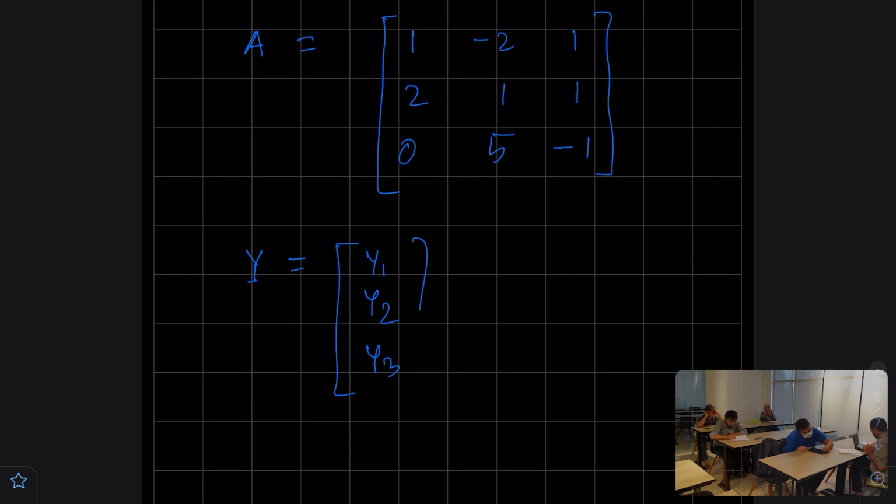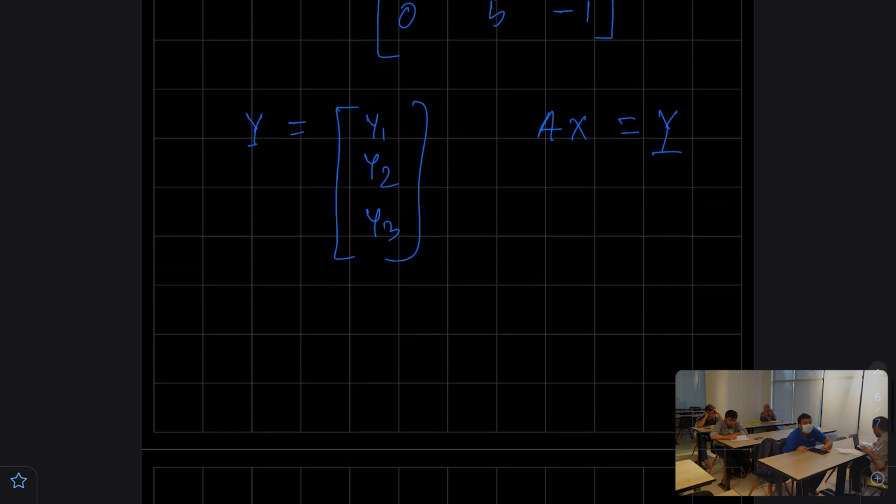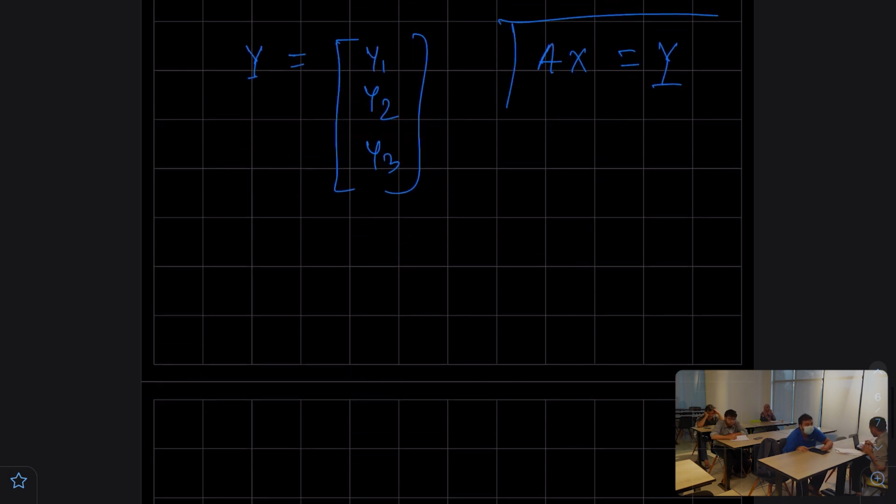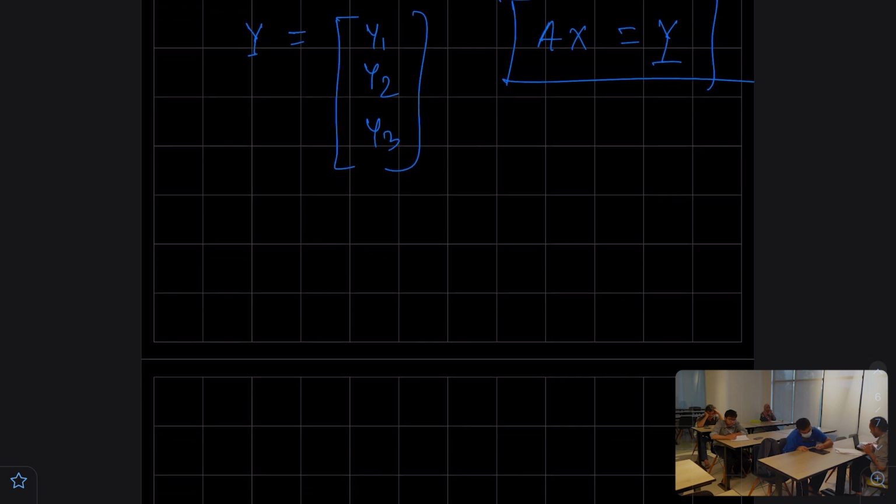So the system Ax equals to y, I can construct an augmented matrix from this system, right? And what will be the augmented matrix A prime?